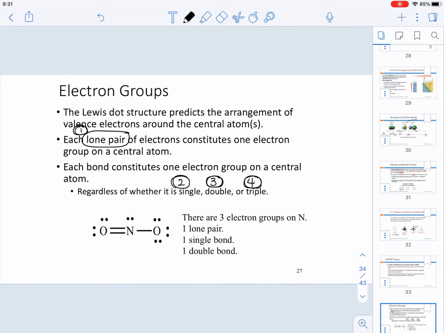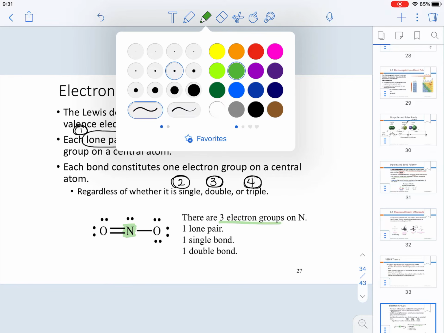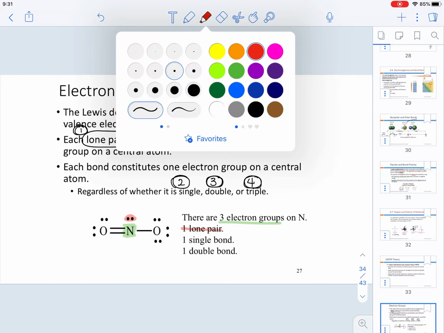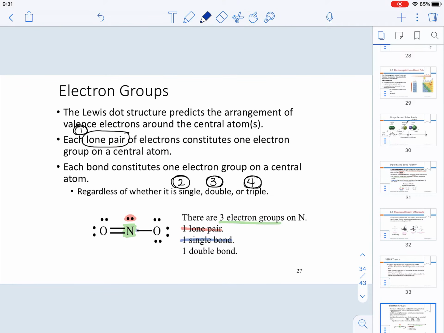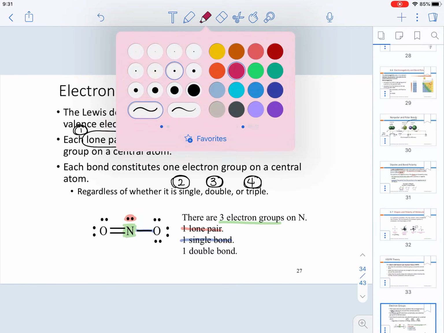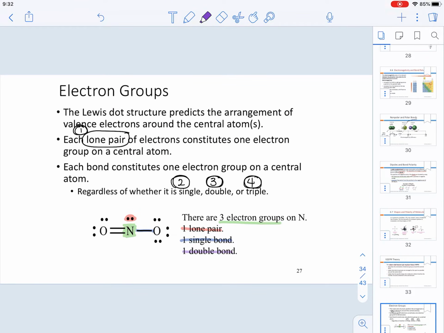Here we have NO2, and in this molecule of NO2, overall, we have around the central atom, which is nitrogen, 3 electron groups, which are the lone pair, the single bond, and lastly, a double bond.